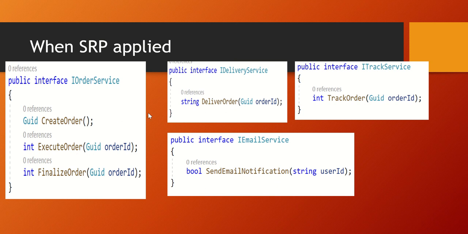The relationships are emerging now basically. Now if you see the IEmailService, it is only dealing with email related stuff, that is, send email notification whenever your order is completed or finalized. And ITrackService is only concentrating on the tracking of the order with its order ID.